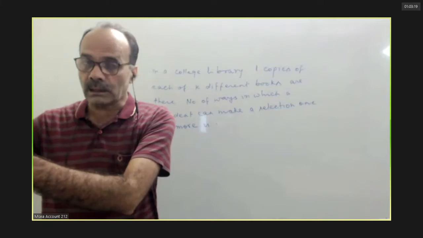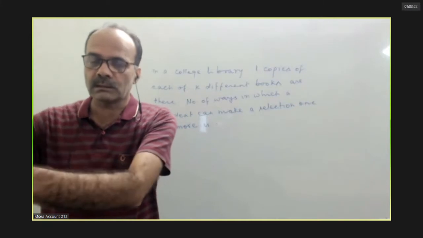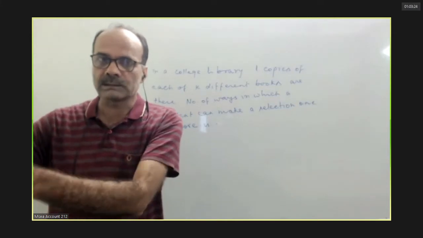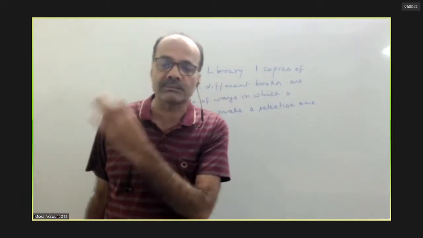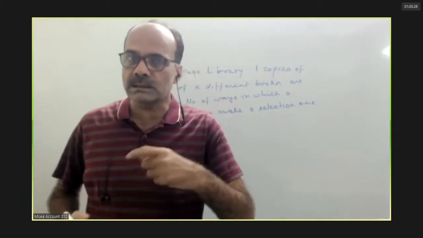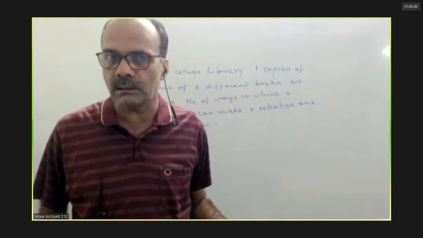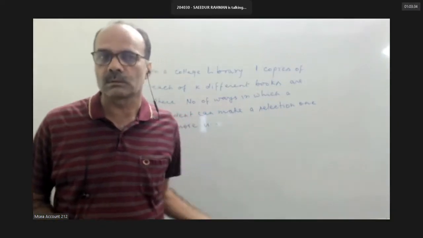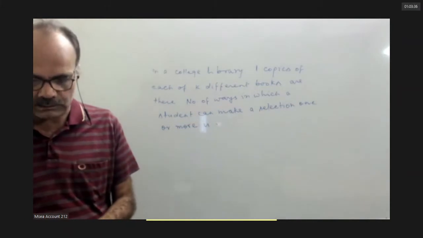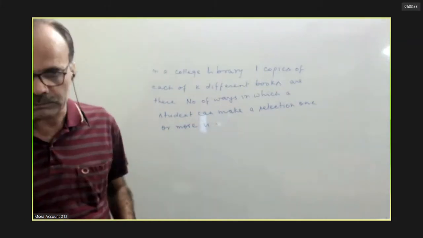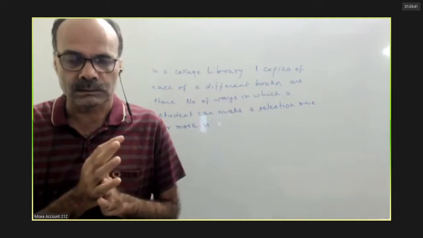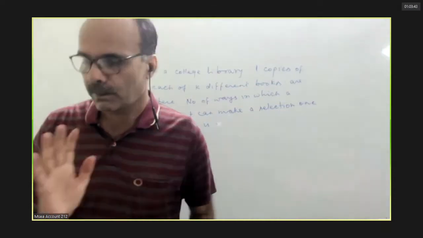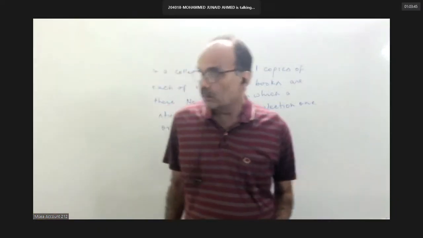L identical copies of the third kind of book are available. Like that, there are k different kinds of books, and each kind has L identical copies. So, in how many ways can we select something out of these books?